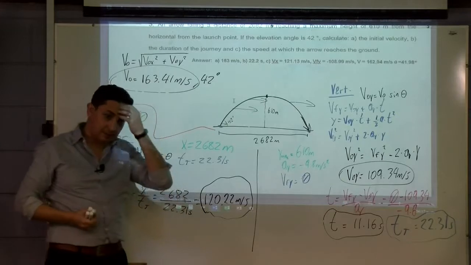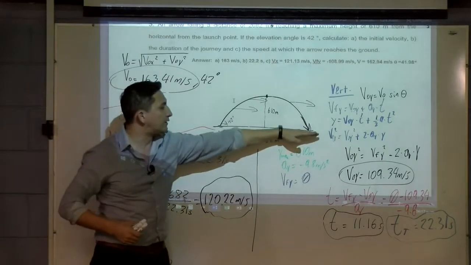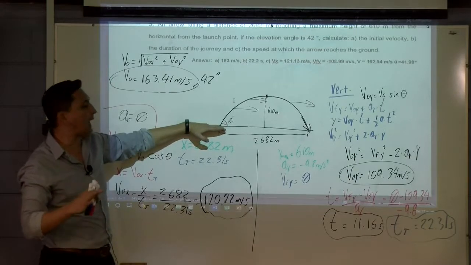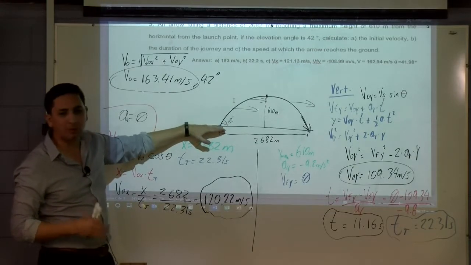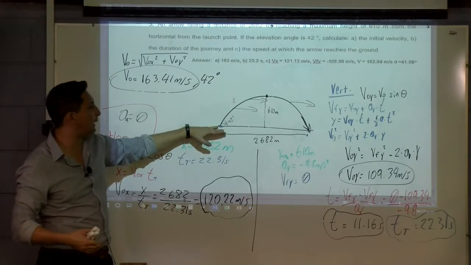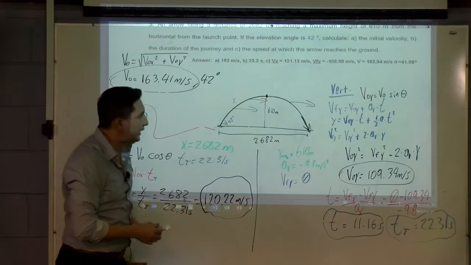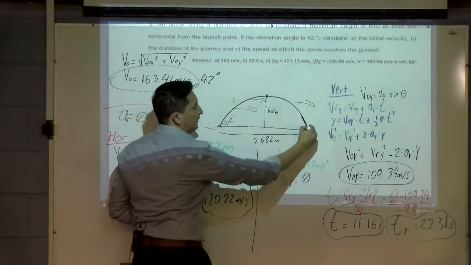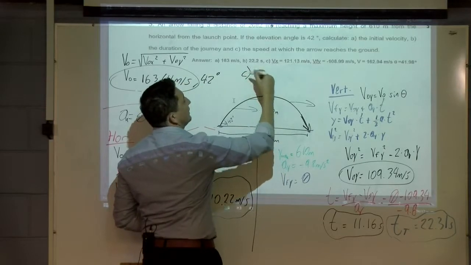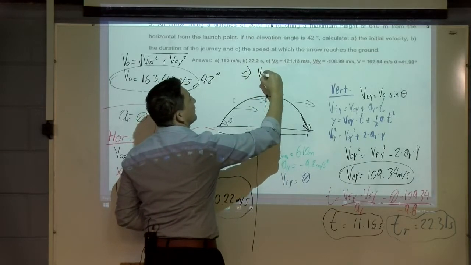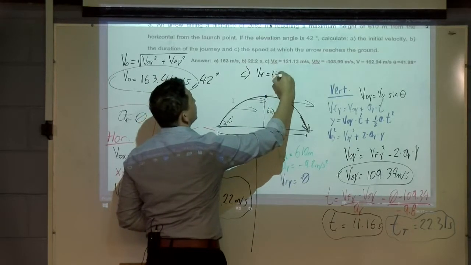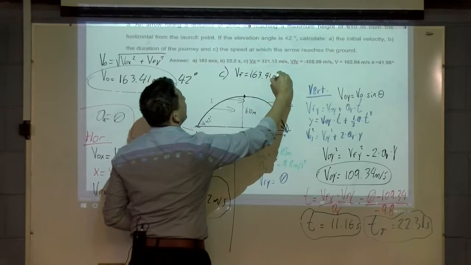Well, guess what? This vector, if it's on the same plane or at the same height as this one, will be exactly the same, but moving in a different direction. So here this velocity will be the answer for C, the final velocity, the vector, which will be 163.41 meters per second.